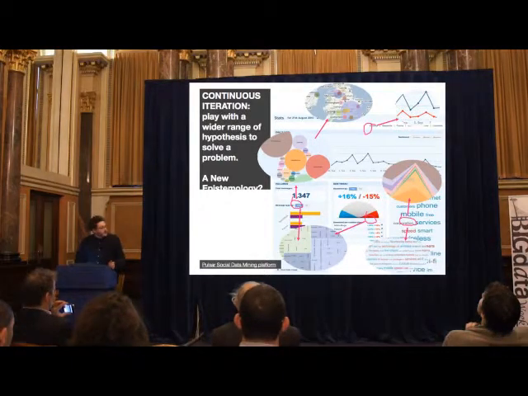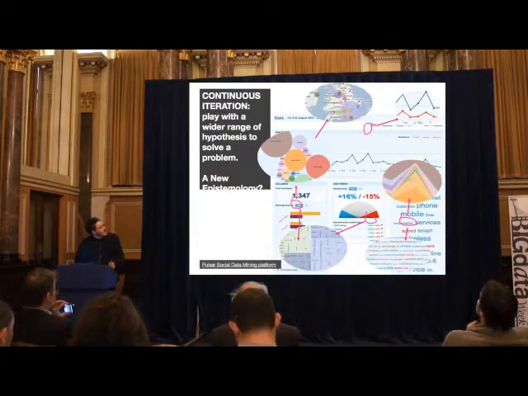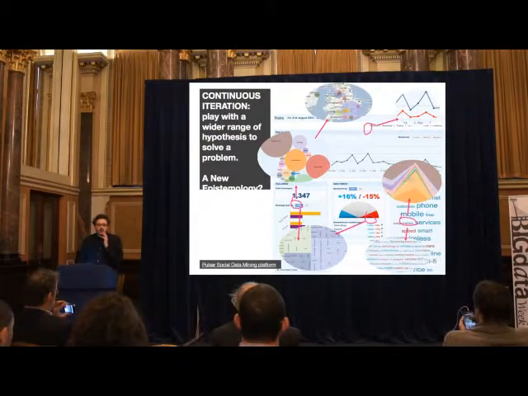The other key element that direct object manipulation has introduced is this idea of continuous iteration, this idea that we're no longer getting into a data set with a preformed hypothesis, but we're constantly mining potential hypotheses that are formed once we look at the data.